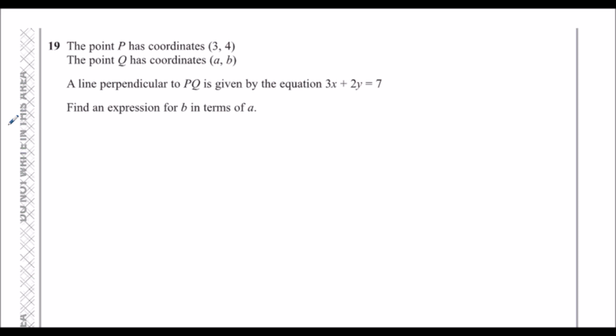Question 19. The point P has coordinates 3, 4. Q has coordinates A, B. A line perpendicular to PQ has the equation 3x plus 2y equals 7. Find an expression for B in terms of A. So what do we know about a perpendicular line?